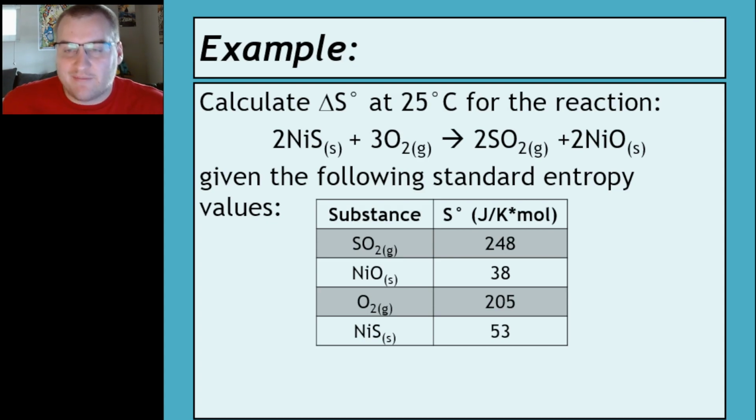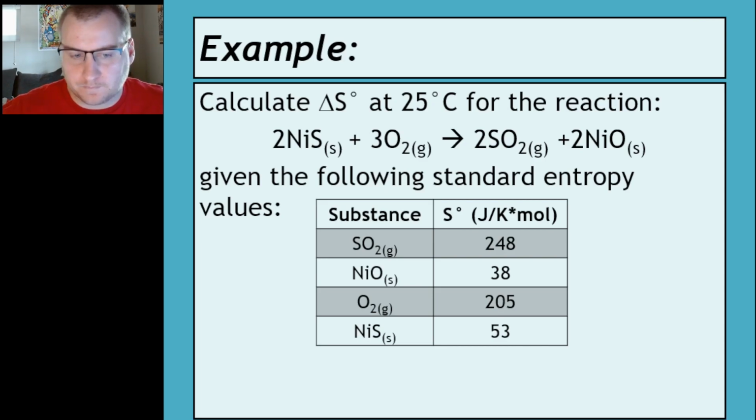Well, on the left side of my reaction, I'm looking for gases. Those dominate the entropy. Okay. So I have 3 moles of gas on the left side. I have only 2 on the right. So most likely my entropy will go down, meaning my answer here should be negative. And we'll check our answer as we go to see if that's true. Now, you can get some really close situations where it technically wouldn't be, but that's our best way to predict.